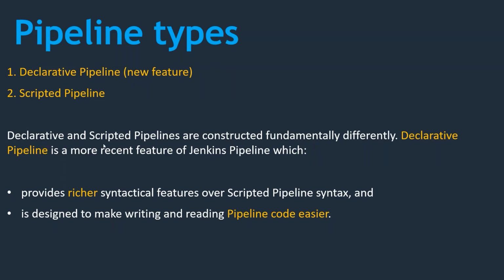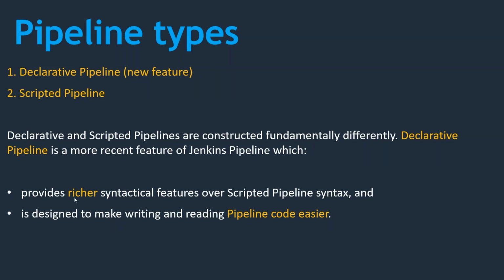You can see here declarative and scripted pipelines are constructed fundamentally differently. Declarative pipeline is a more recent feature of the Jenkins pipeline. If you use the declarative pipeline, it provides richer syntactical features over scripted pipeline syntax.